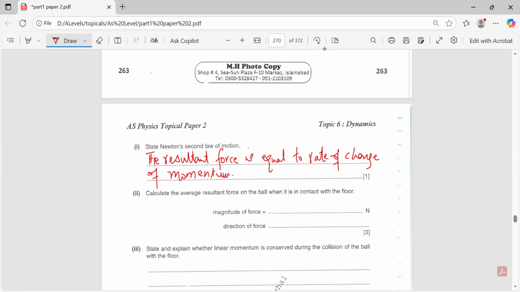The resultant force is equal to the rate of change of momentum. This is known as Newton's second law of motion.